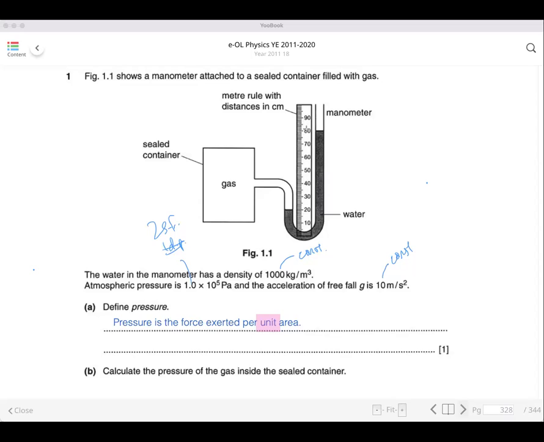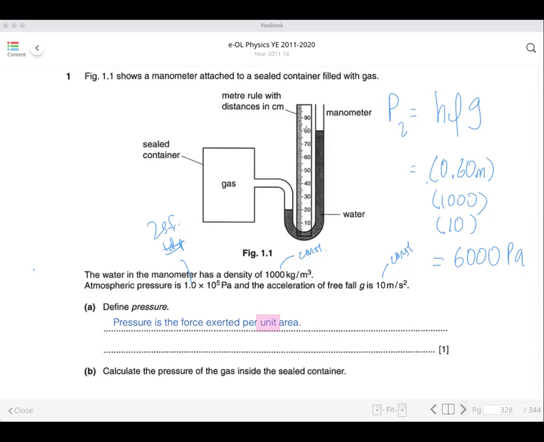So the liquid pressure is equal to h rho g. Your h in this case is 0.60 meter multiplied by density, which is 1000, multiplied by 10. From here, you will get 6000 Pascal.